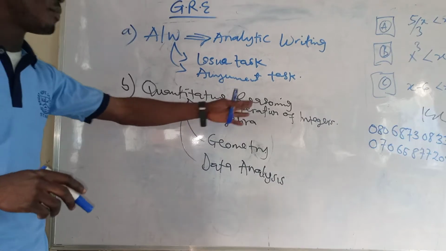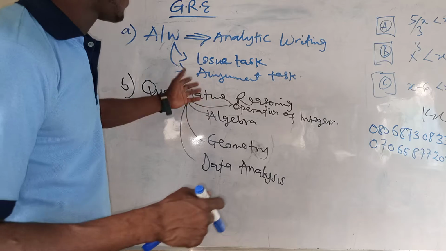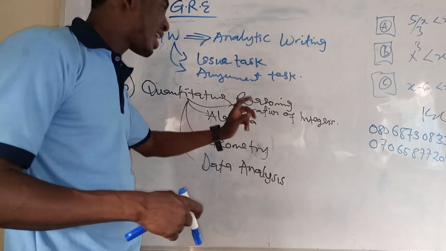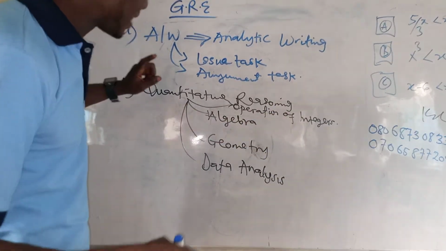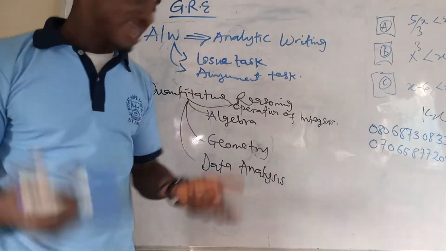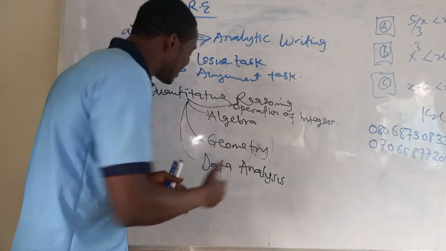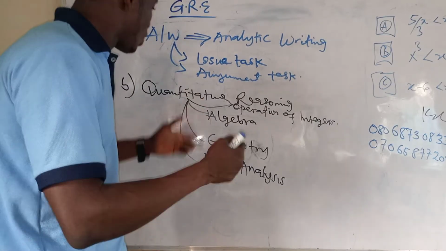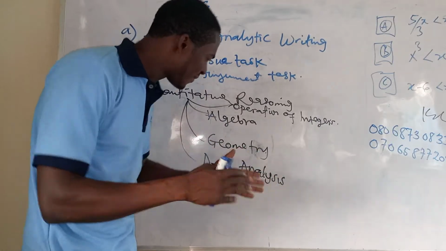Under basic operation of integers, we have spoken about topics such as number, set operation, fractions, and so on. Under algebra, we spoke in the last class about topics such as sets as well. We can also talk about topics such as quadratics, polynomials, cubics, and the rest, functions of functions, and all sorts of graphs.